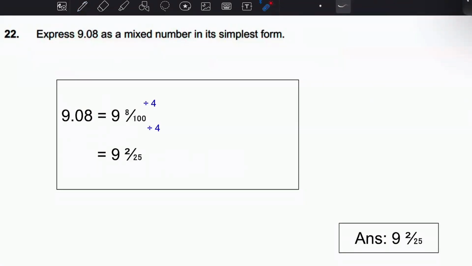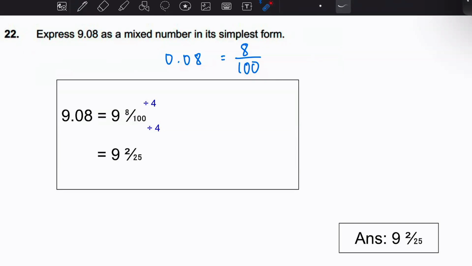So 9.08 as a mixed number in its simplest form. We know that 9 is the whole number, so now we need to focus on the fraction, 0.08. Let's separate them. 0.08 is a decimal. When you see that there are 2 decimal places, you can tell that the denominator is 100, because there are 2 zeros in 100 and 2 decimal places here.